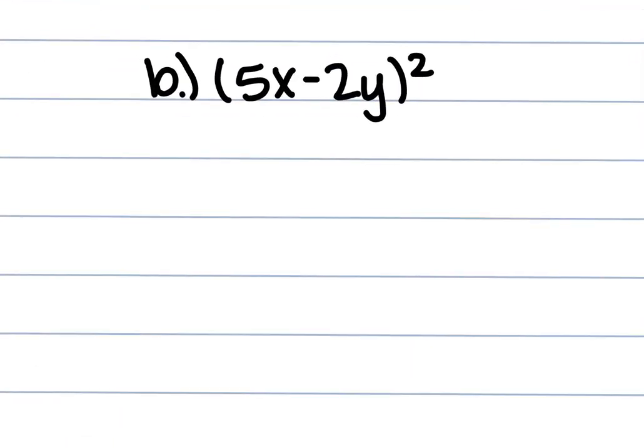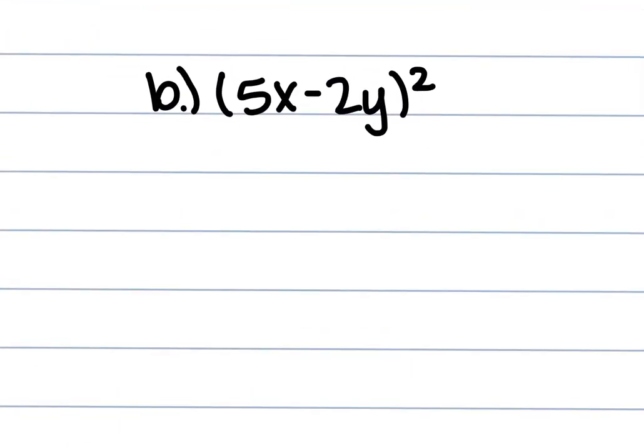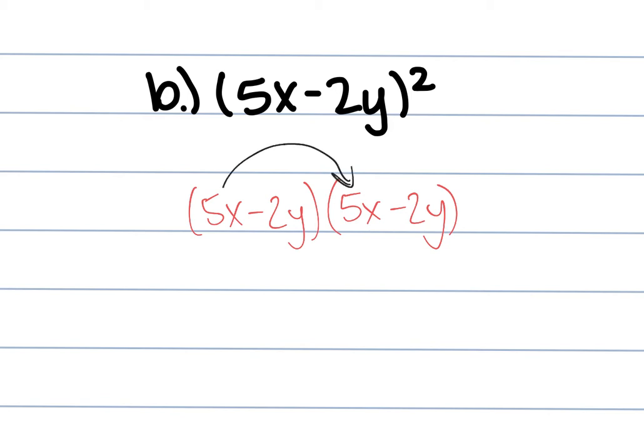Again, let's FOIL it. So 5x minus 2y, we're squaring it. So we're going to write it twice as a product. 5x minus 2y times 5x minus 2y. You guys with me here? Because squaring something just means multiply by itself, right? Someone walk me through foiling it. Allie, go. 5x times 5x is 25x.